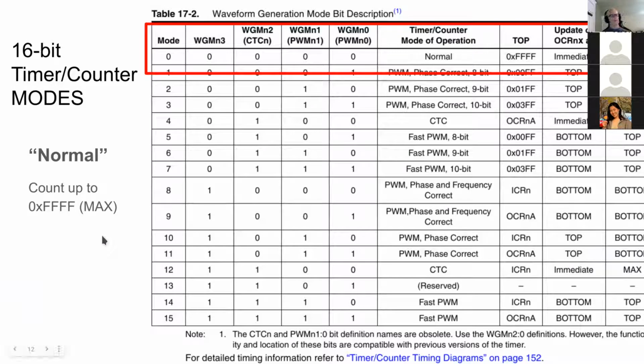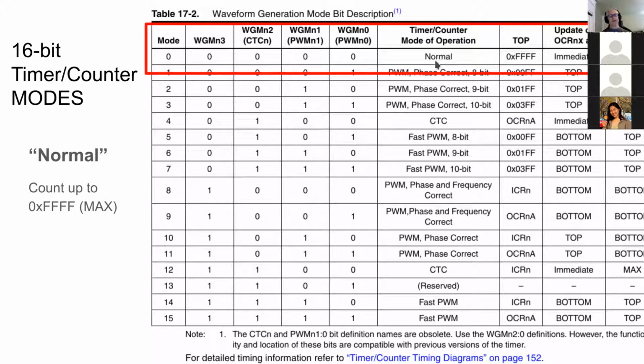Okay, modes. So the timer has a lot of modes because you can set 4 bits called waveform generation mode bits. And that gives you 16 different modes. And we'll start with normal mode.